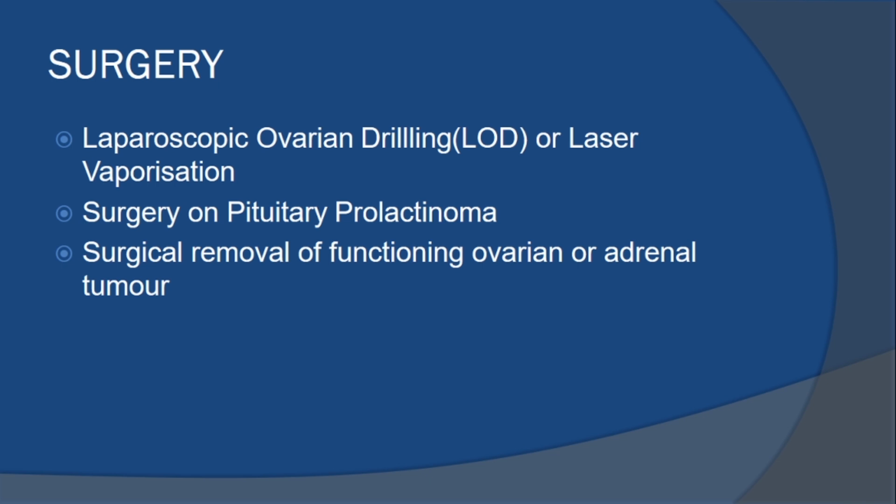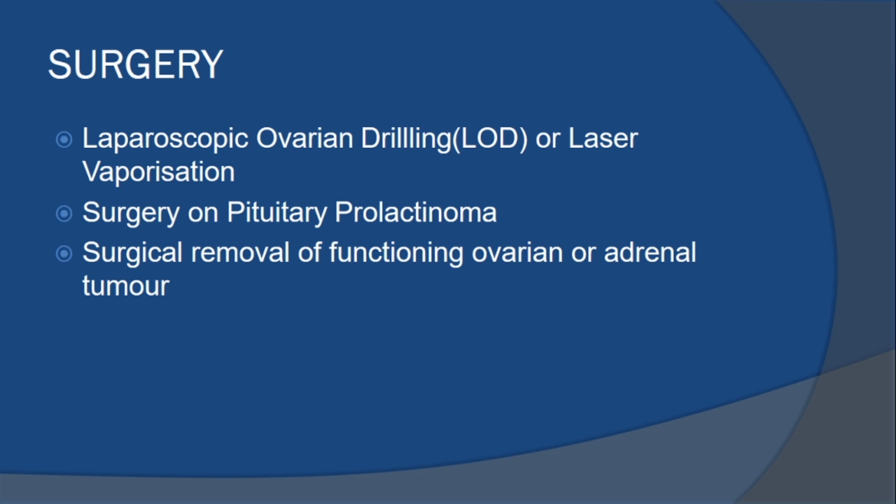Surgery. Laparoscopic ovarian drilling or laser vaporization has been used successfully to induce ovulation in women with polycystic ovary disease, which are resistant to ovarian stimulation with drugs. Then, if you have a woman with pituitary prolactinoma leading to excessive prolactin in the system, you may need to remove it surgically, especially if you have macroadenoma in the pituitary.